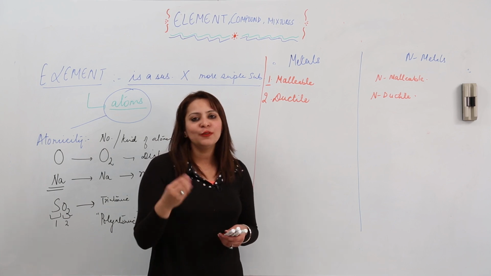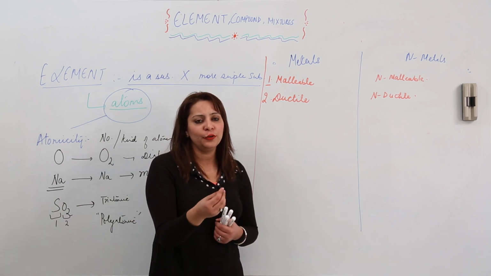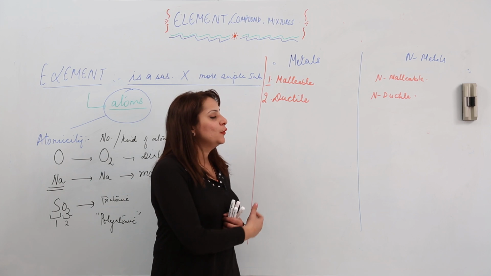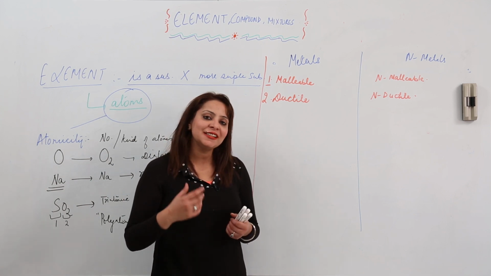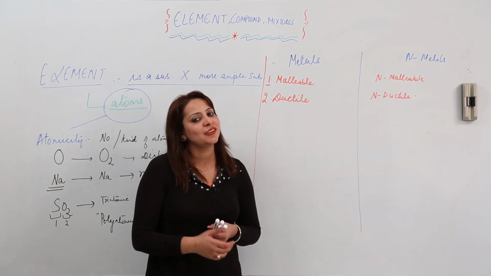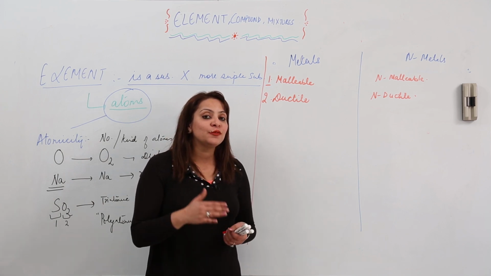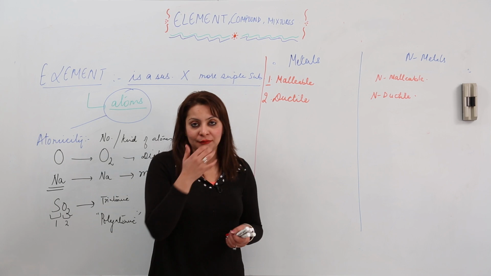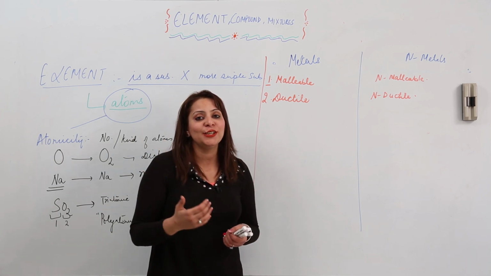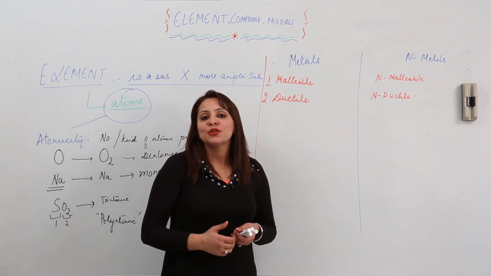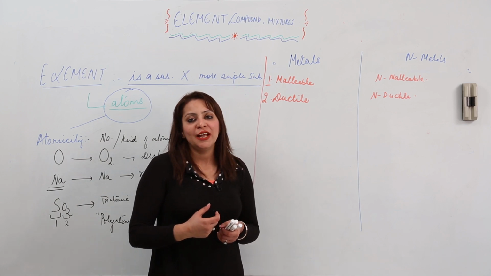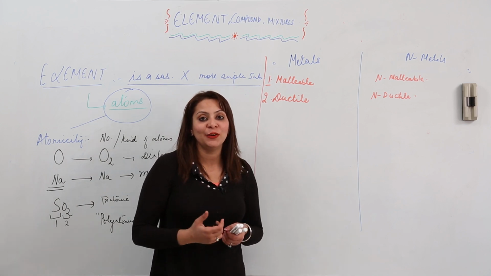I think only a few students will be familiar with this term ductility, because it is not used in daily routine. So just start using the new words, because we want to increase your level. As your class is increasing, you need to increase your level as well. So start using these new terms so that your standard is raised, okay?